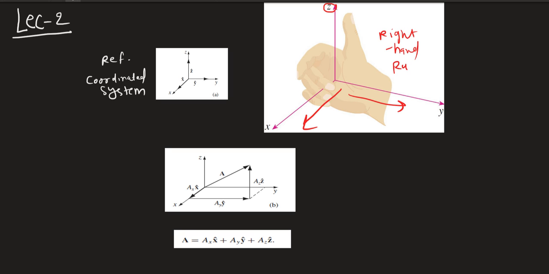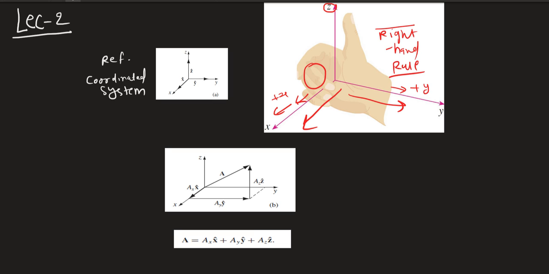Okay, we also discussed about this rule, right hand rule, in the last lecture, but again let's look at it. So let's say this is my positive x-axis and this is positive y-axis. Then if you need to find which direction is your positive z direction, then you just have to point your fingers of right hand into the positive x direction and then curl around these fingers like as shown in this picture of hand.